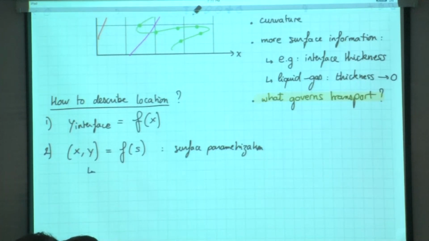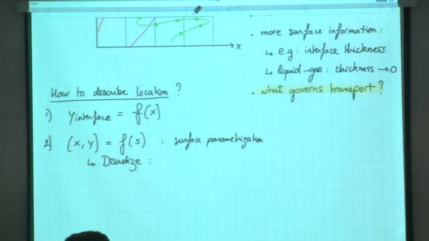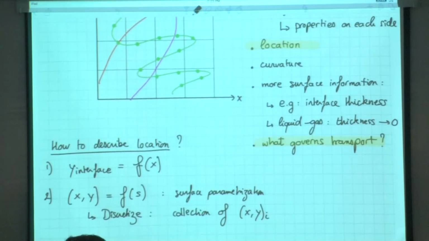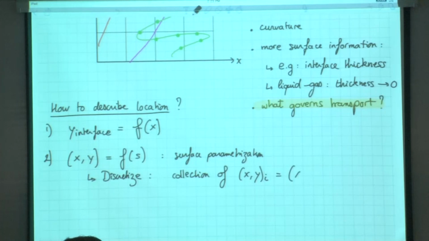And then this is fine, but this is continuous. We're going to go discrete. If I discretize that, what I end up with is a collection of points at the surface, which are those green dots that I showed above, which are characterized by an x sub i and y sub i.